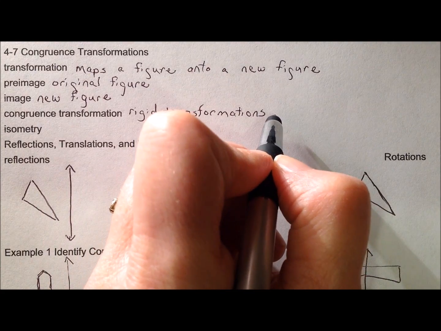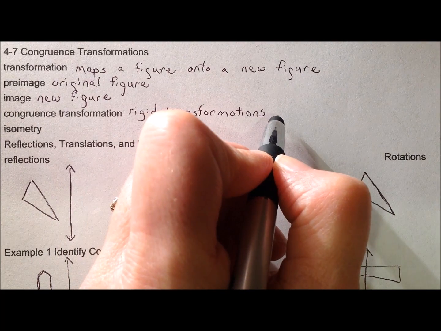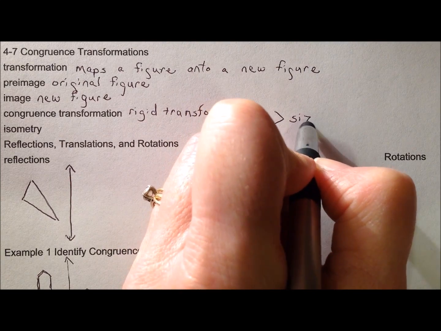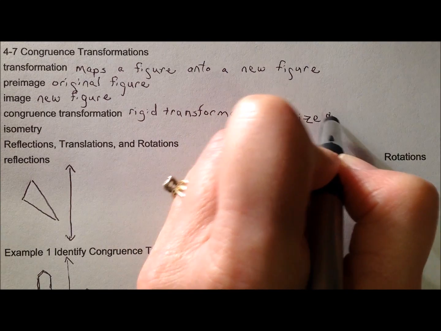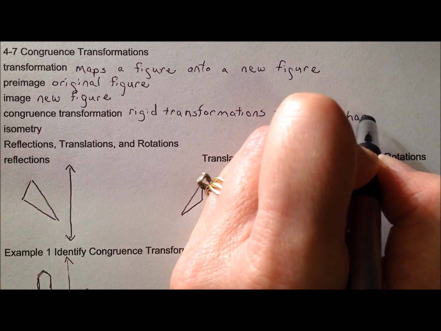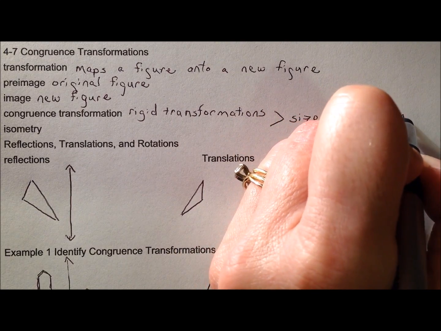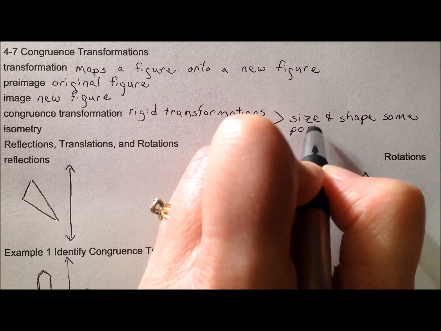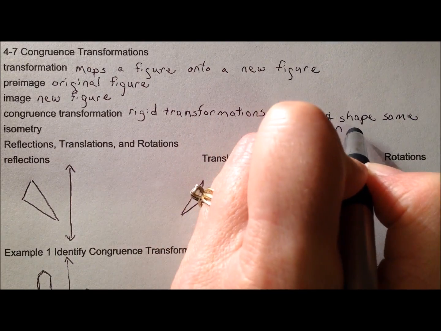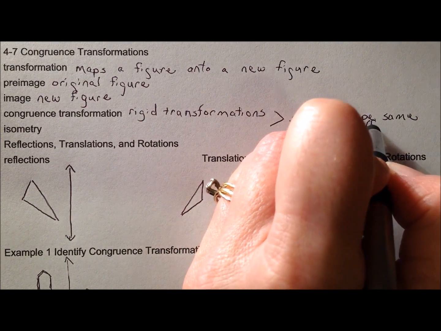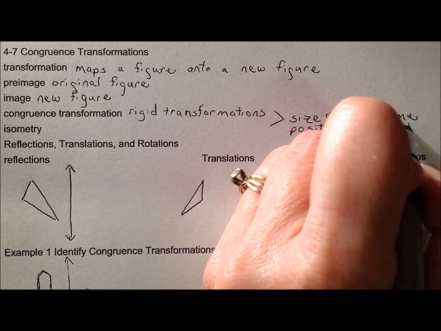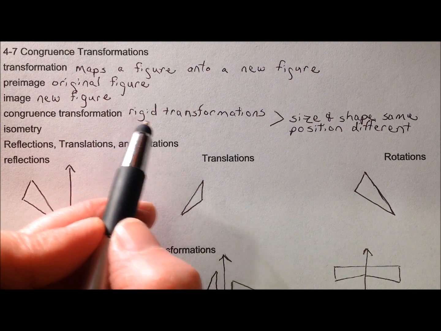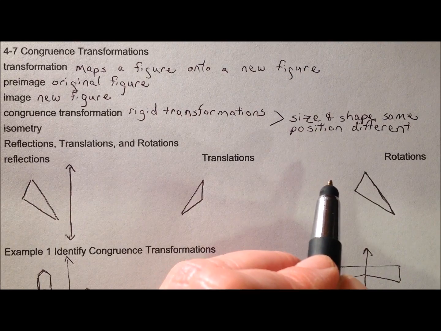And the thing that stays the same with these are their size and shape, but what's different is their position. So transformations, the rigid ones, their size and shape are the same, but their positions are different.